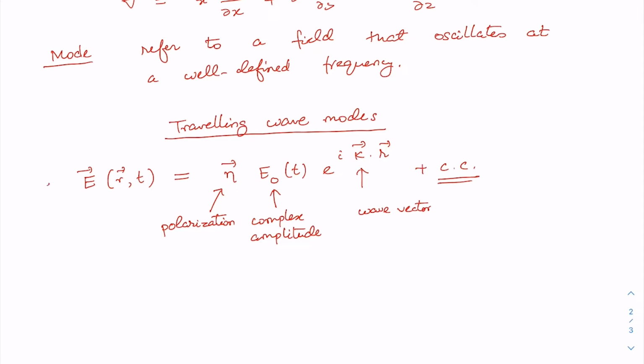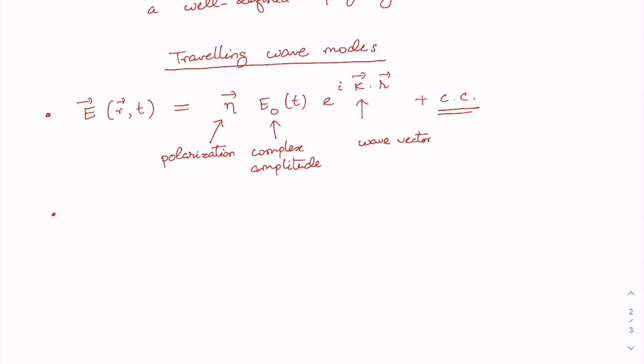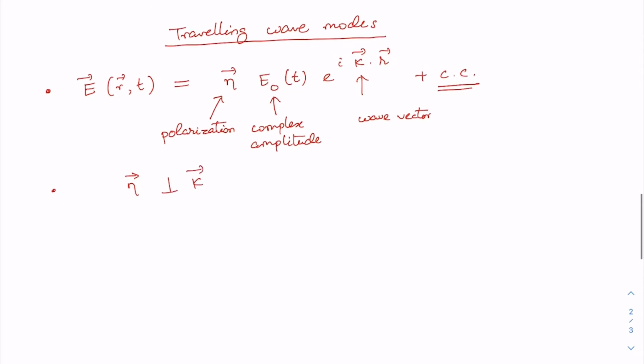And this is a solution of the Maxwell equations provided it satisfies certain conditions. Firstly, this polarization, or the electric field direction, has to be perpendicular to the propagation direction. That is easy to see because we have divergence of E equal to 0, and if you put these solutions in the Maxwell equations, you can write it as k dot E as well.